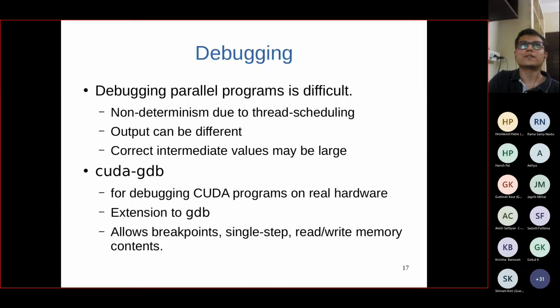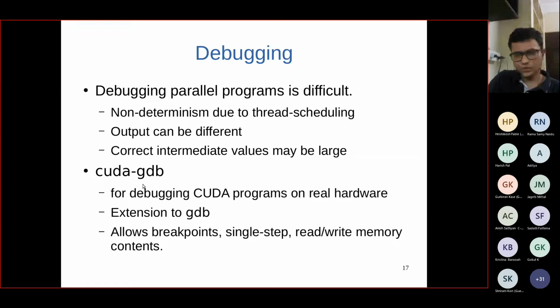So let us say that you are running your algorithm on very huge data, then the number of intermediate steps that it might generate might be very large, and hence debugging will be very challenging. So yeah, let us come to this cuda-gdb.